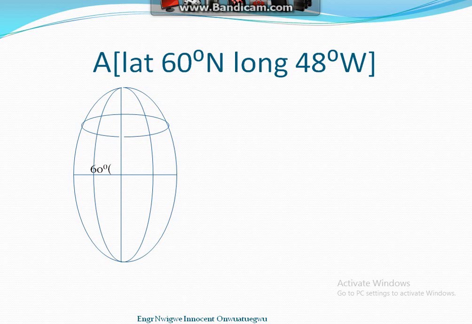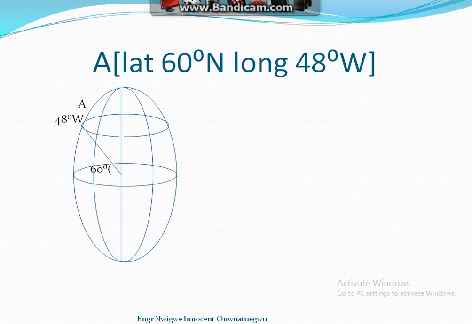We measure 60 degrees using our protractor on the equator along the vertical axis. Then you go to the small circle and measure the angle of the longitude, which is 48 degrees west on the small circle. We now mark the point, that is the location of the position of the point A.